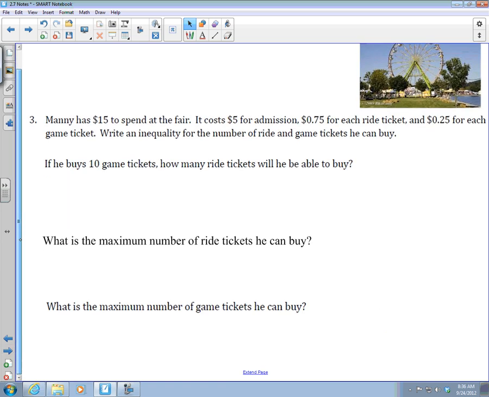Okay, setting up a little word problem here. Manny has $15 to spend at the fair. It costs $5 for admission, 75 cents for each ride ticket and 25 cents for each game ticket, right? Write an inequality for the number of ride and game tickets we can get. R equals ride ticket, G equals game ticket.